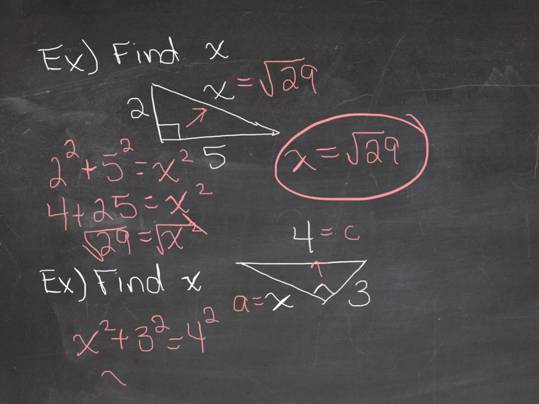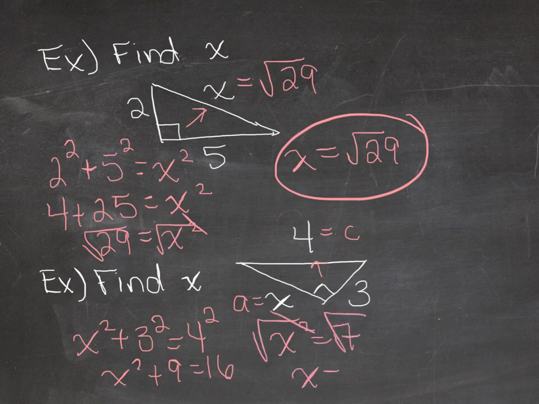So x squared plus 9 is equal to 16. Subtracting 9 from both sides, I get x squared is equal to 7. Then taking the square root of both sides, x is equal to root 7.